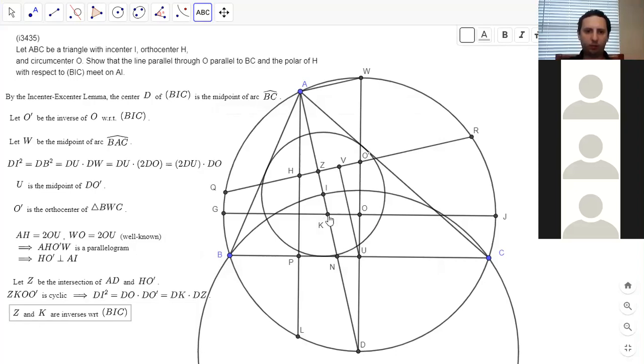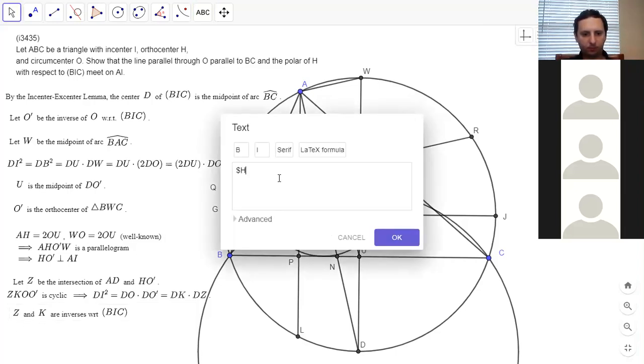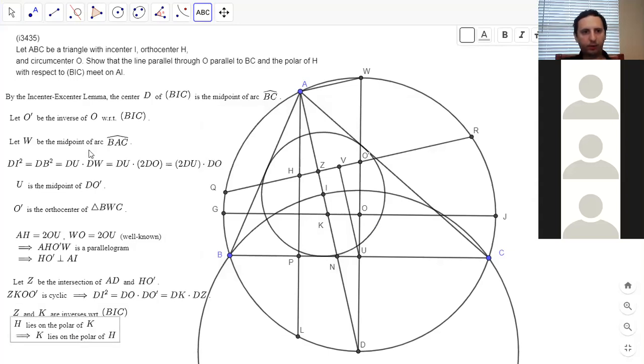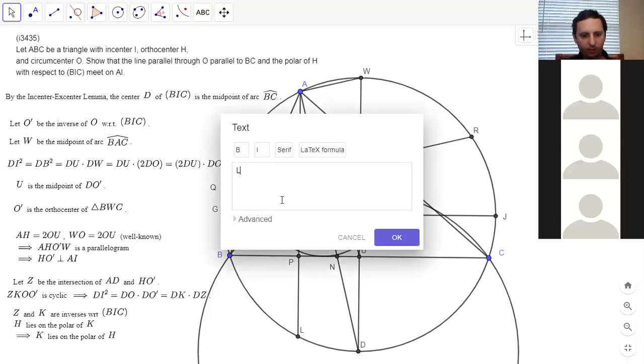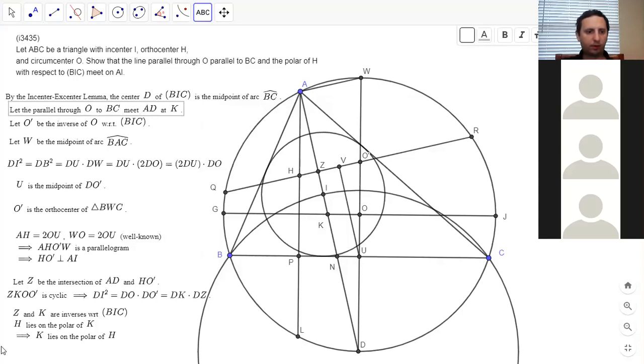We have H lies on the polar of K, so it implies K lies on the polar of H. Then, oh, I didn't even define K. Let the parallel through O to BC meet the line AB at K. And that solves the problem.